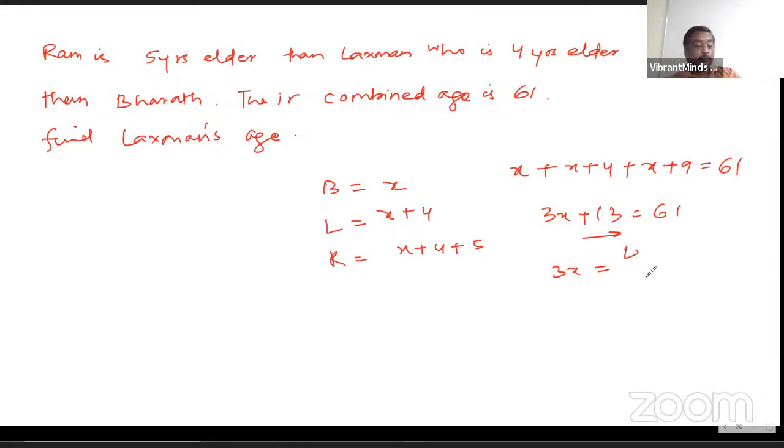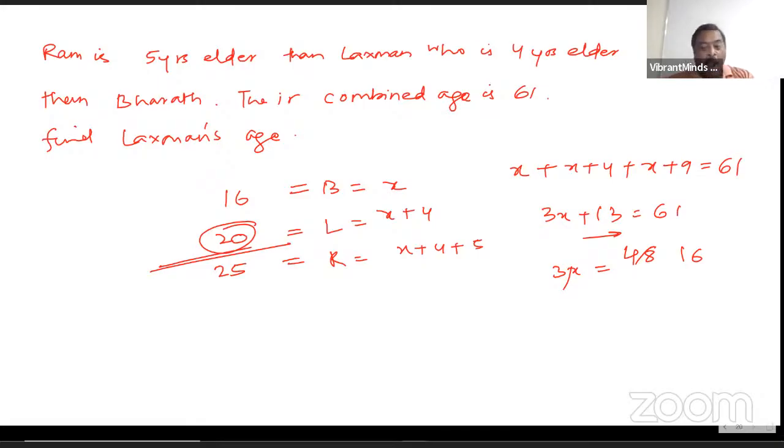It is how much? 48. So the value of X is 16. Bharat is how much years? 16. Lakshman is how much? 16 plus 4, 20. And we have to find Lakshman, who is 20 years of age. Is it clear? Go ahead with the next question.